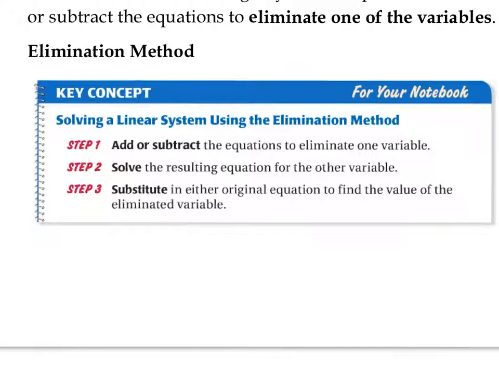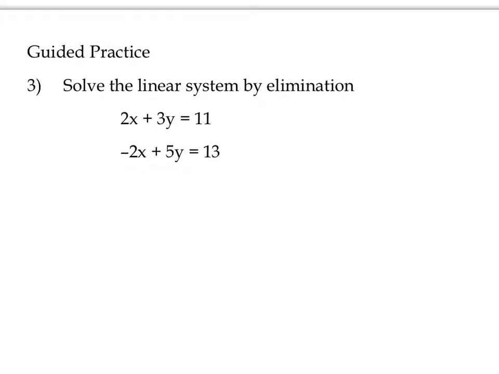Okay, so we're going to see that system I had up there just a moment ago, where we saw this could be difficult to solve for x or y. If we add these two equations together, we're going to add this whole second equation to the first one. 2x right here plus negative 2x, when I add those together, they're going to cancel out.